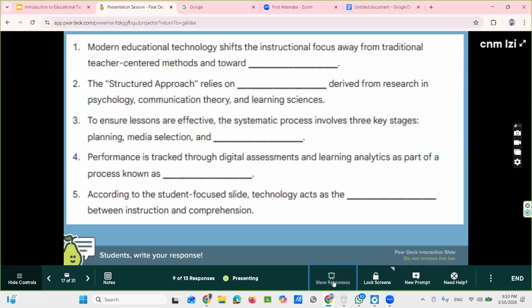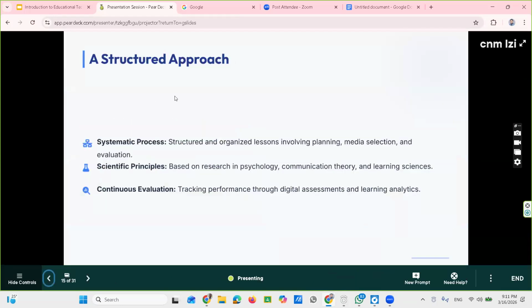Second question, the structured approach relies on blank derived from research in psychology, communication theory, and learning sciences, right? That earlier we discussed under nature, the first one. I think move to that slide. Structured approach.